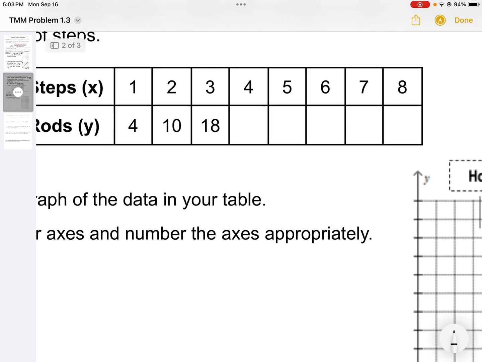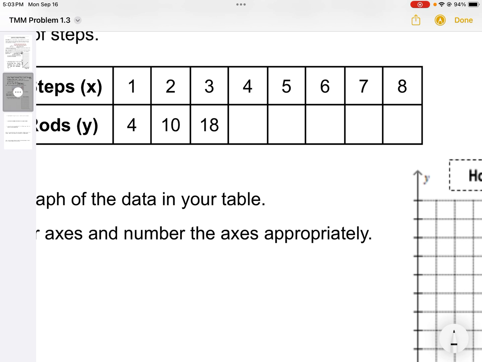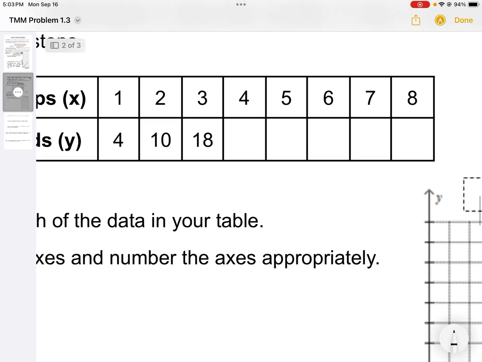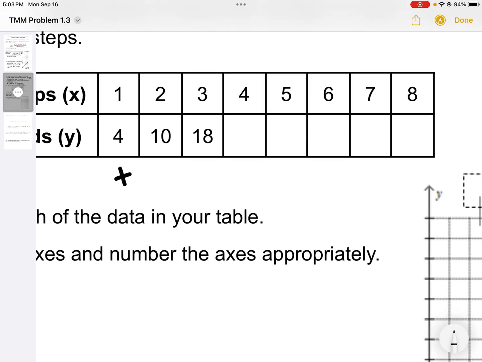If we look here, each time that we're adding 1 step, we need to find a pattern. From 1 to 2 steps, it looks like we went from 4 to 10 rods. I know that is a plus 6 increase. From 2 to 3 steps, it looks like we increased by 8 rods. So my guess is I'm going to continue with the pattern of adding the next even number.